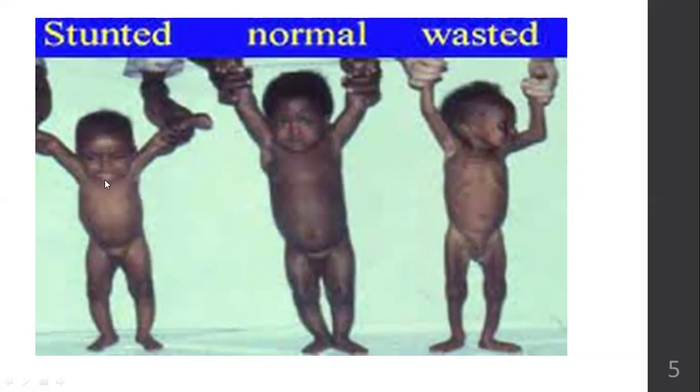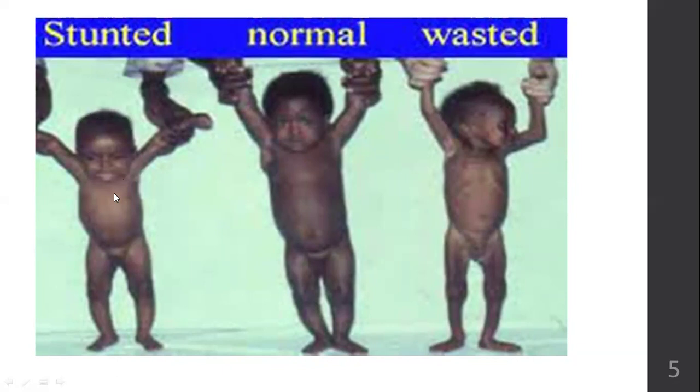Weight gain is almost average for whatever height the child has, but the height is not adequate based on the child's age. That is stunted. You don't grow vertically.